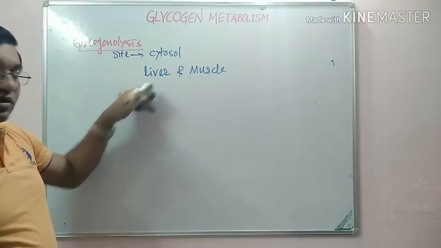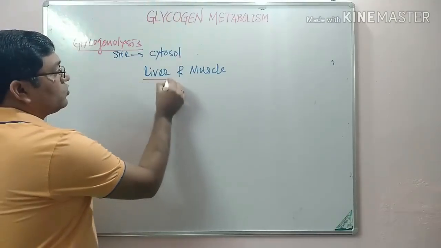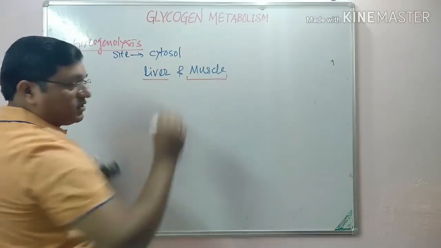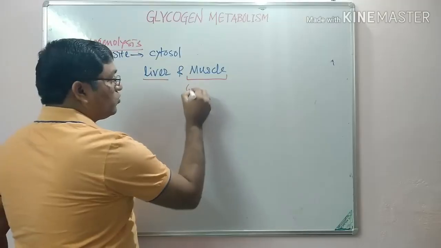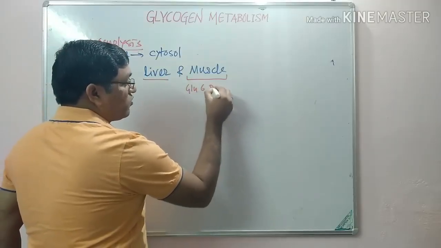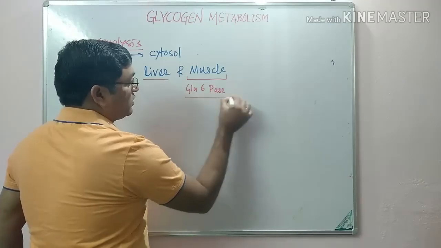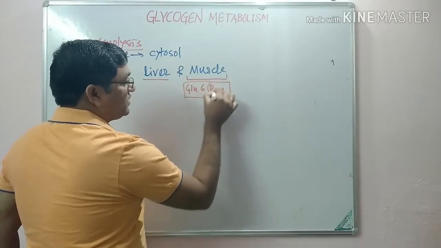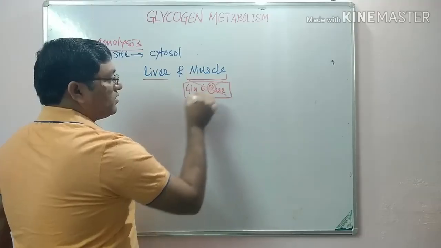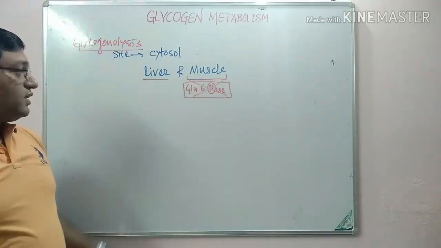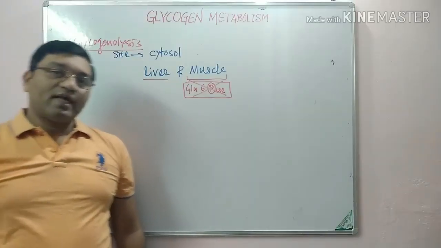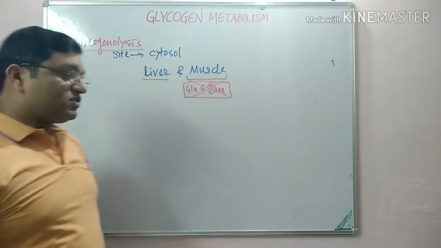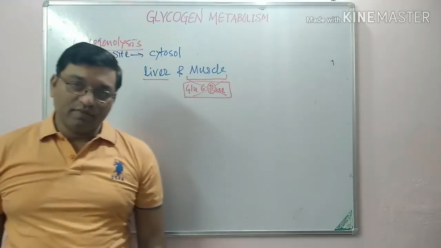Here the end product in the liver is glucose, while in muscle it is glucose 6-phosphate, because in muscle there is absence of glucose 6-phosphatase. This enzyme is absent in the muscle. That's why the end product is glucose 6-phosphate, which enters glycolysis, and there is synthesis of pyruvate and lactate in the muscle.